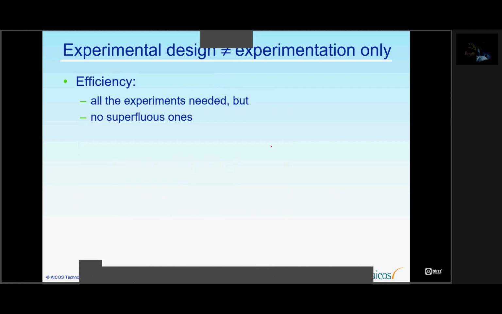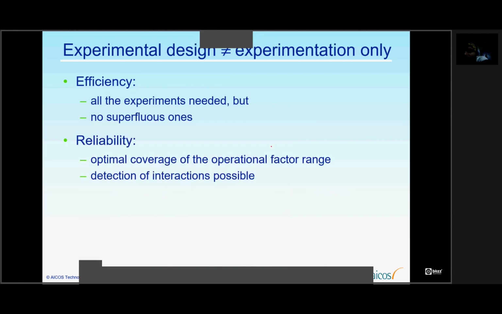Then what we can see as well is that it's reliable because you look everywhere, so all the possibilities are optimally covered. And one essential point for getting scientific knowledge about a process or product is that the detection of interactions becomes possible.